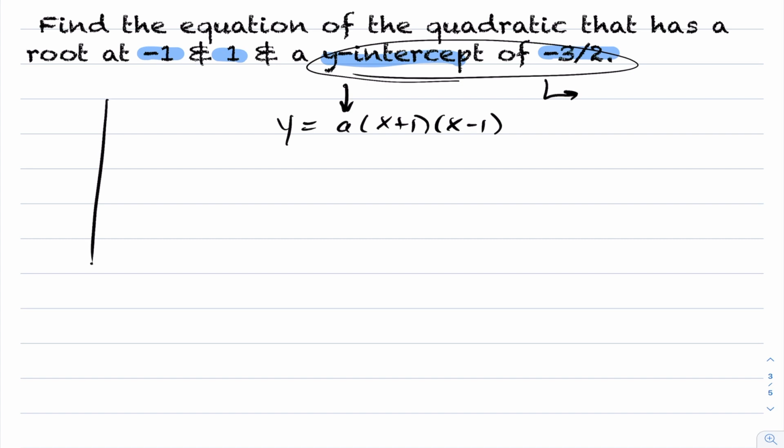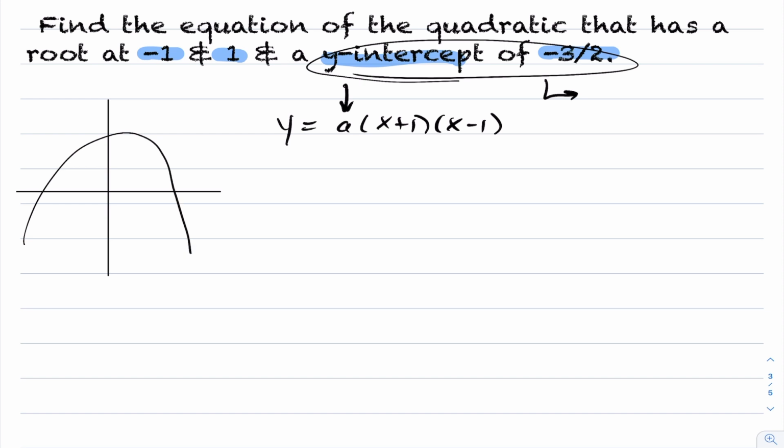Well, take note here, if you have anything at all, no matter what it is, but let's pretend it's a quadratic, and that quadratic crosses the y-axis, that has the property that its x value is 0.